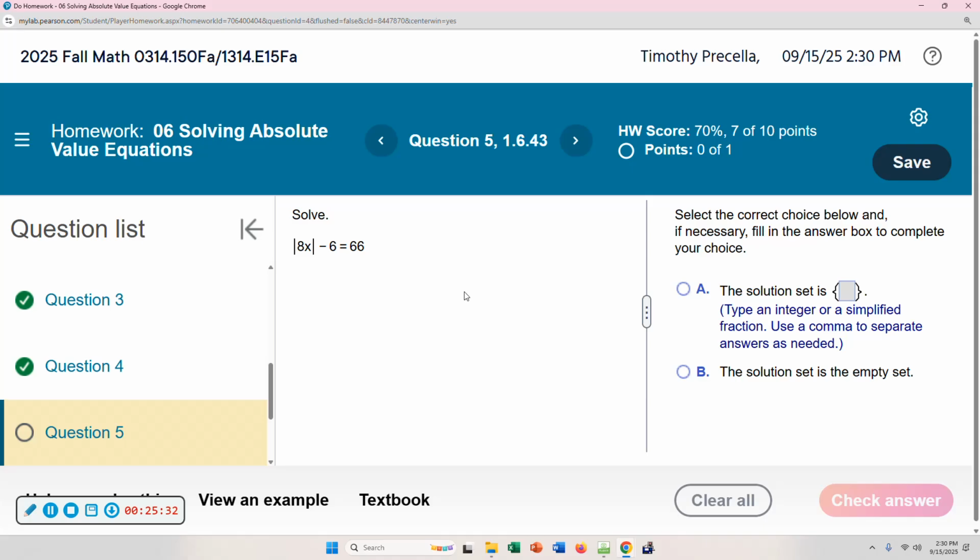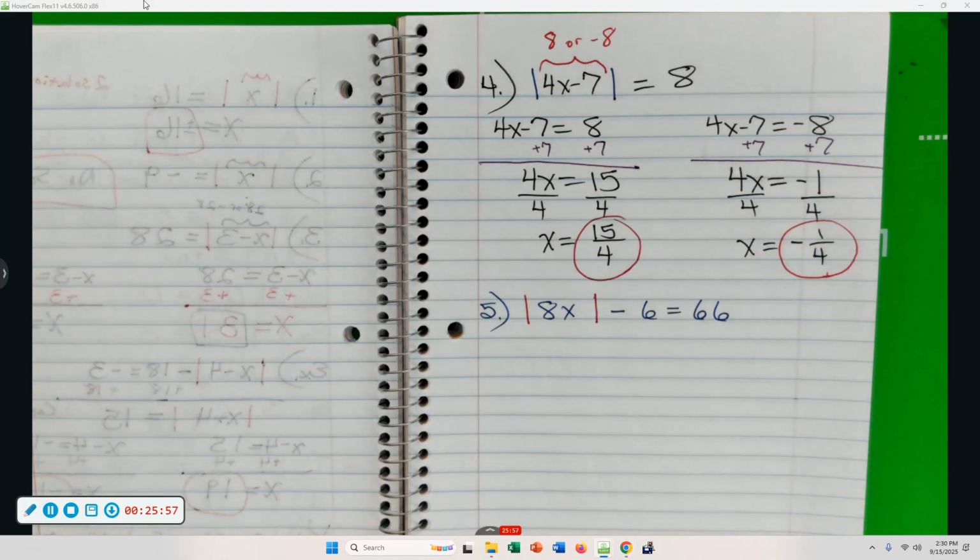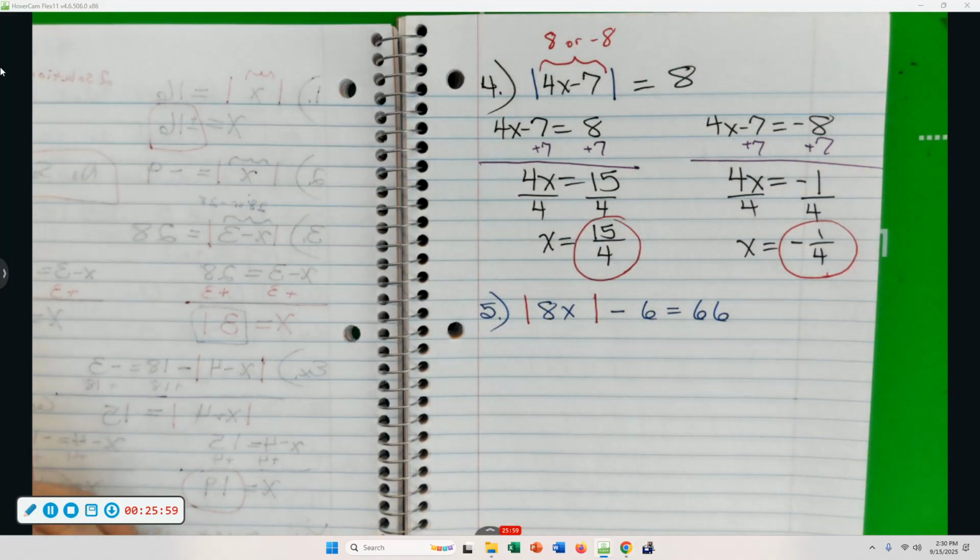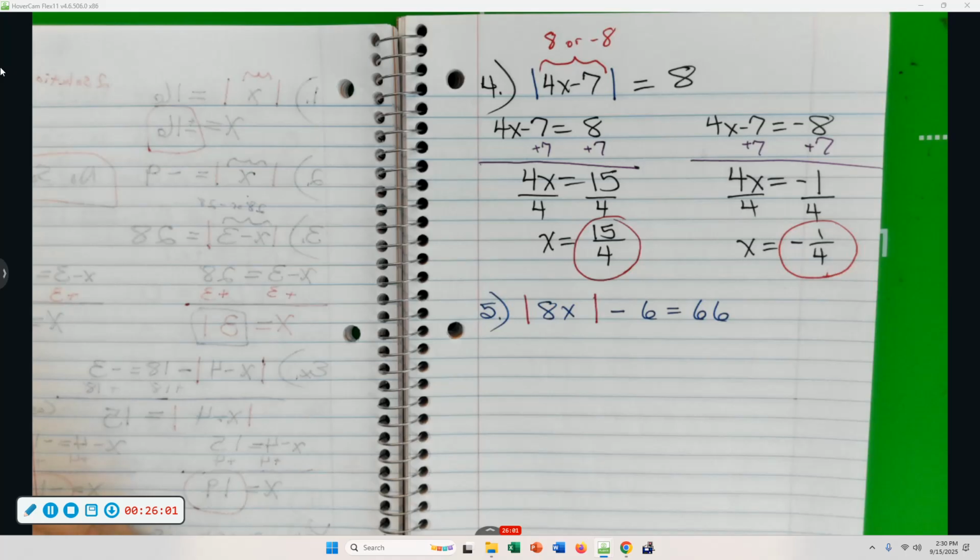The absolute value of 8x minus 6 is equal to 66. The only thing that's in the absolute value bars here is the 8x. There's only one correct next step. What is it?